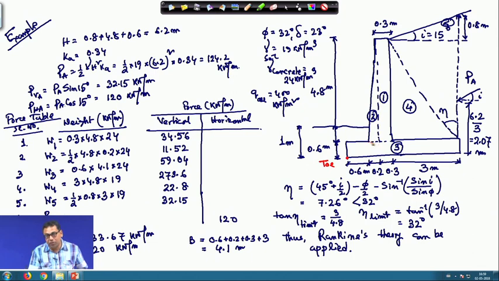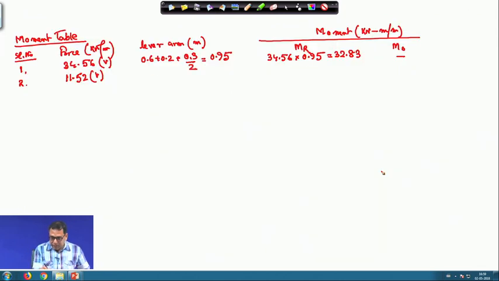So, I can write this is 0.6 plus 2/3 of 0.2, which is equal to 0.73. If I multiply with this, the resisting moment will be 8.41. Okay. So, I am directly giving the resisting moment.